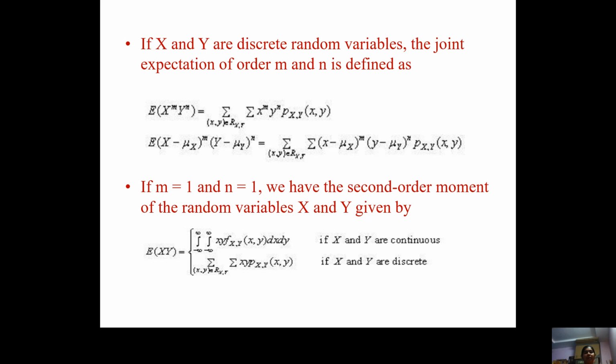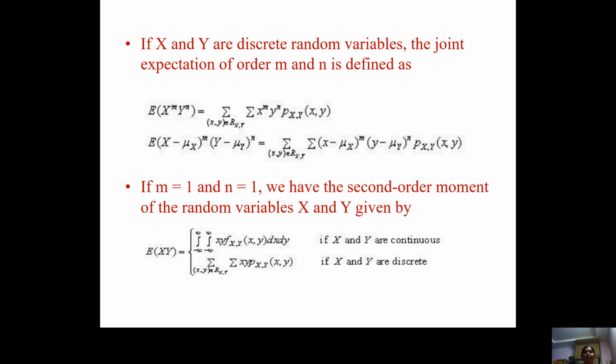So if m and n are equal to 1, we have the second order moment of the random variables x and y, which is given as E of xy, because here the m and n values are 1. So the double integral from minus infinity to infinity of xy f_xy of x, y dx dy. If both x and y are continuous, this formula is applicable.